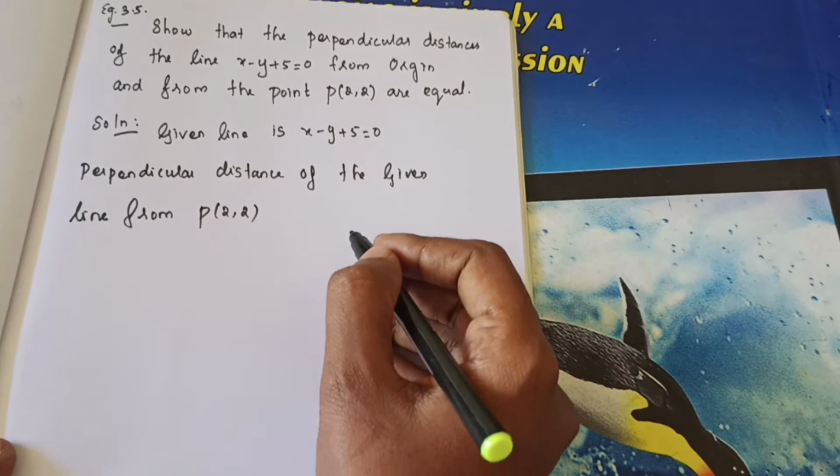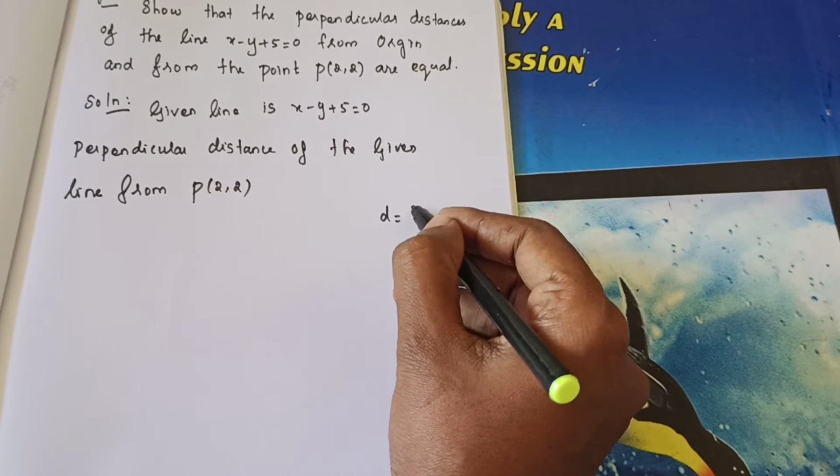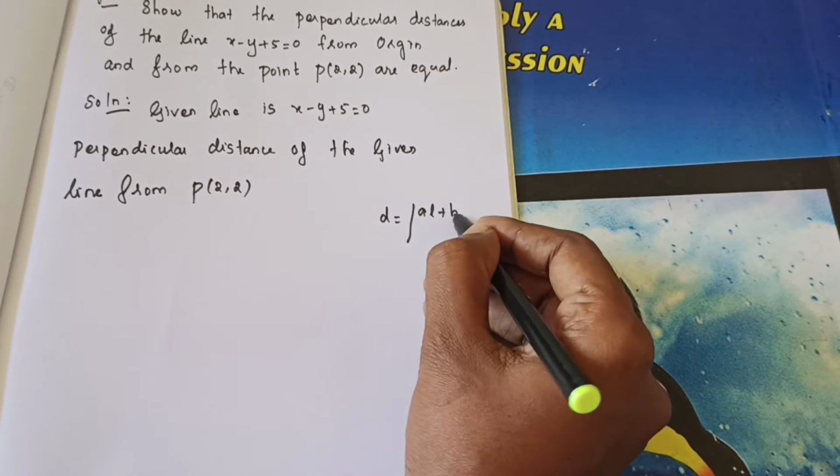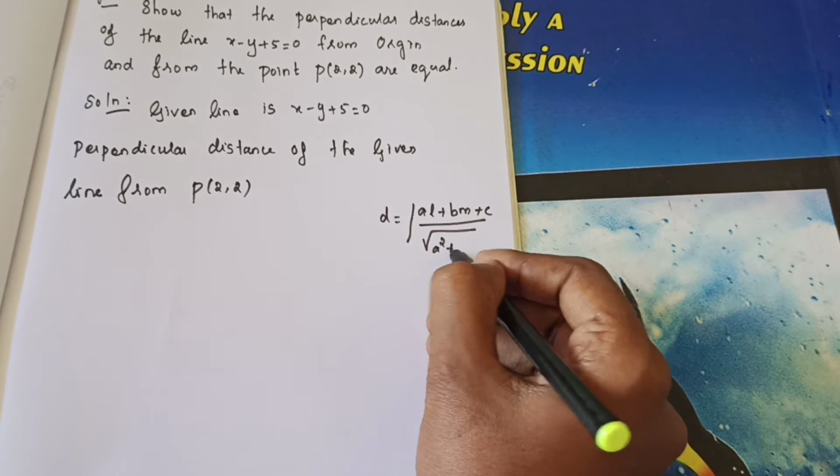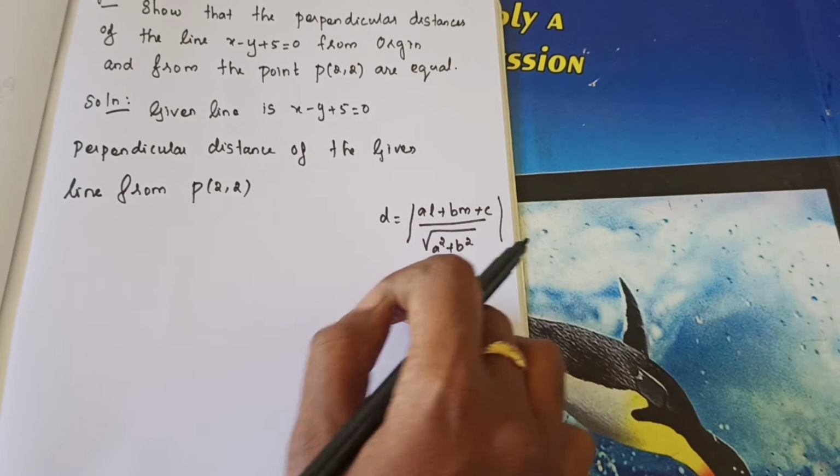What's the formula we have learned? D is equal to modulus of AL plus BM plus C divided by square root of A square plus B square. So this is the formula.